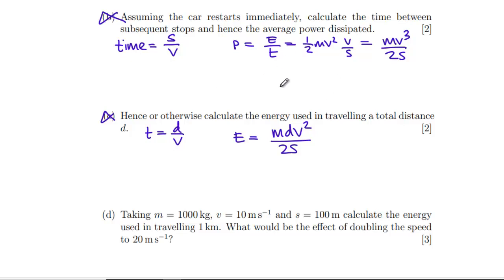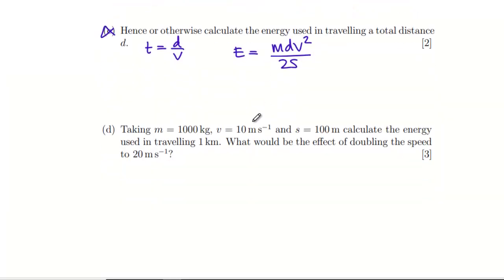What would be the effect of doubling the speed to 20 meters per second? Right, so we just got to stick some stuff in it. We've got m, we've got v, we've got s. They've given us everything.